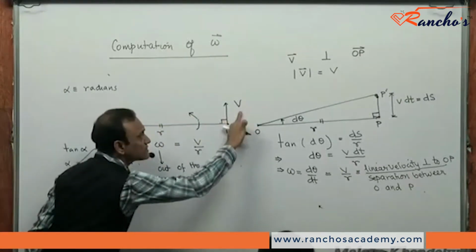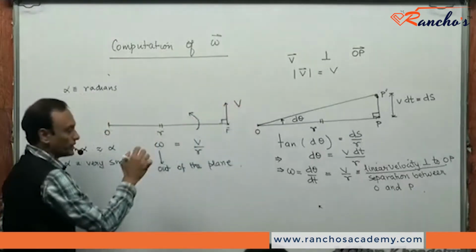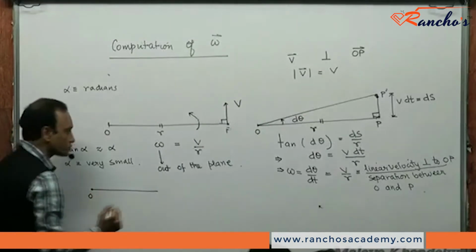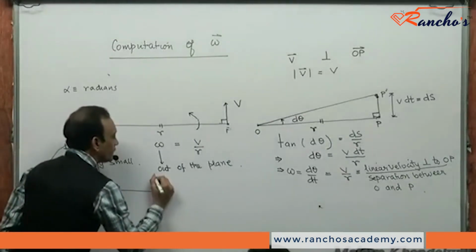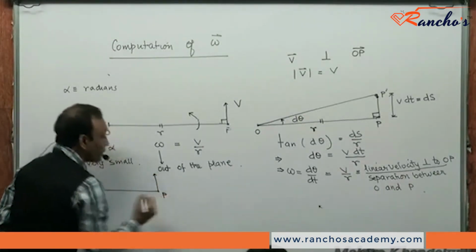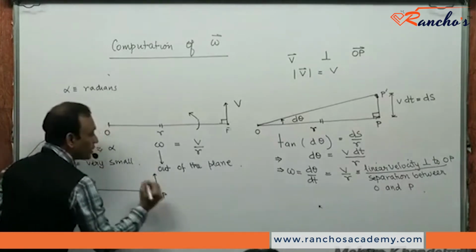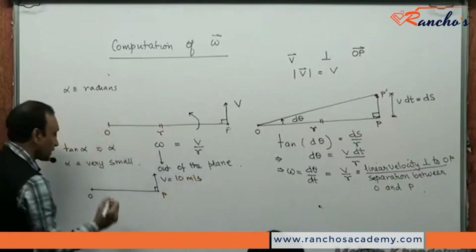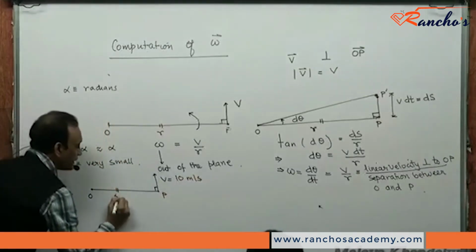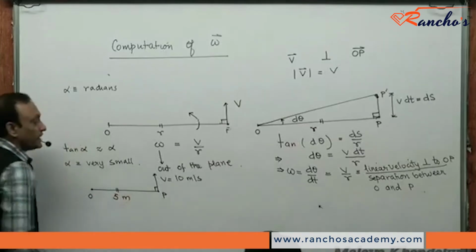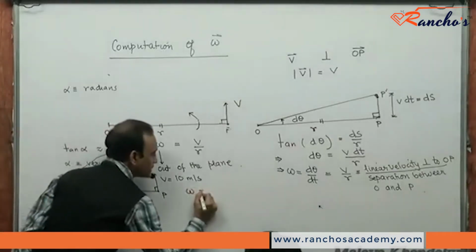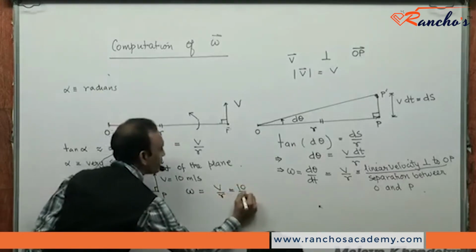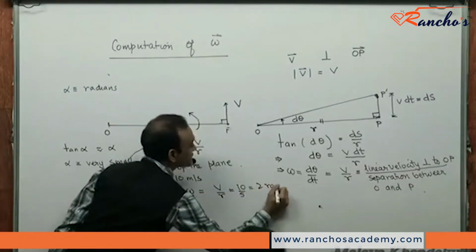That means if at a given instant of time, this is an observer O, and there is a particle P whose velocity perpendicular to OP is 10 meters per second, and the separation between O and P is say 5 meters, then the angular velocity of the particle as seen by O is going to be given by V by R, which is 10 by 5, which is 2 radians per second.